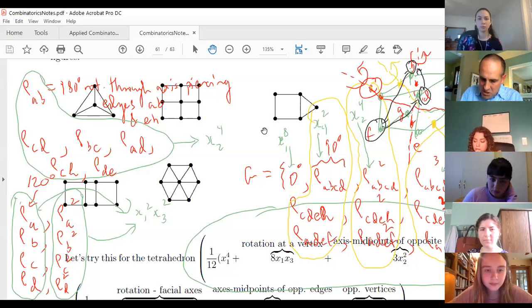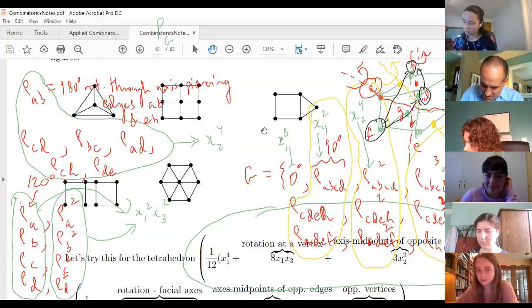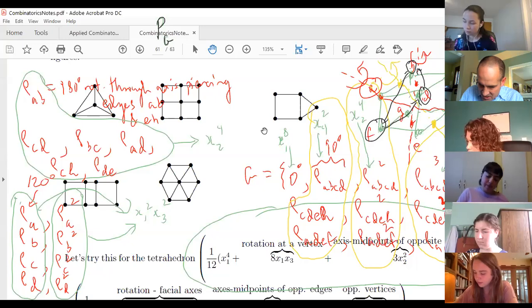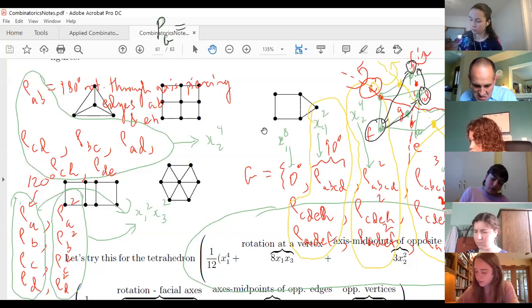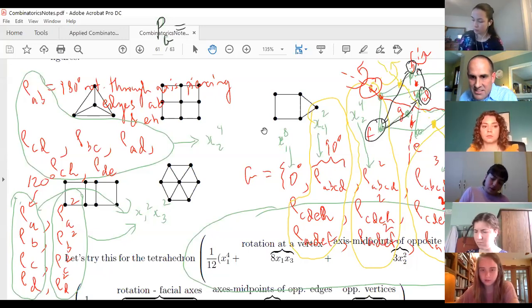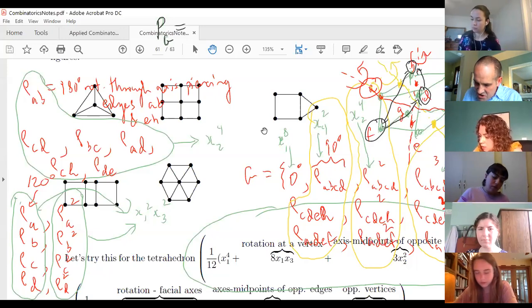So what's the cycle index polynomial? Let's finish this off here. Actually, I'm going to use a different color. What's the cycle index polynomial going to be? Well, first of all, we need to count the total number of permutations that we have here. Man, it seems like a massive number of permutations. I had 10 over here.